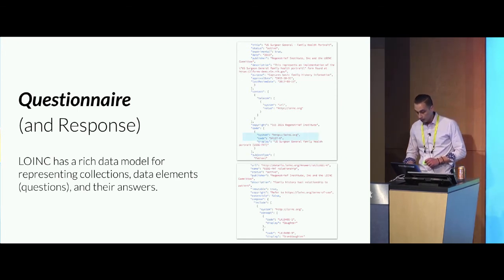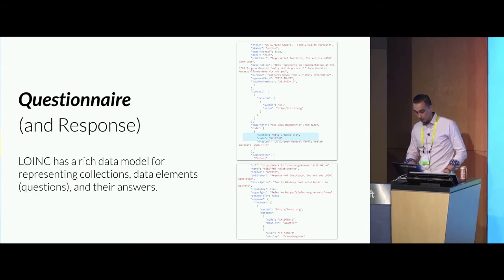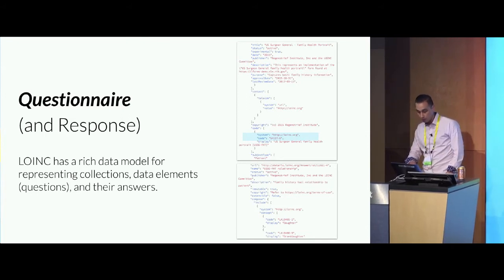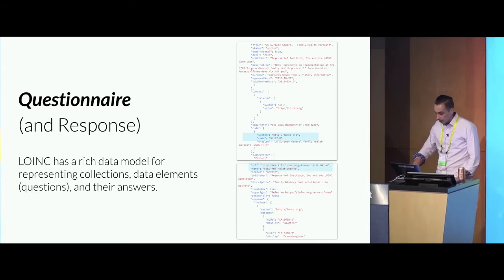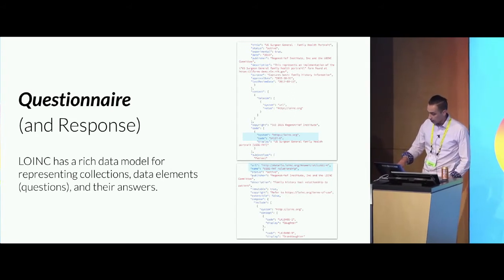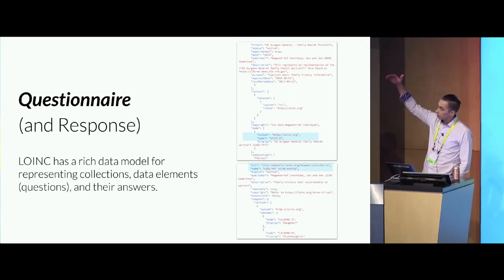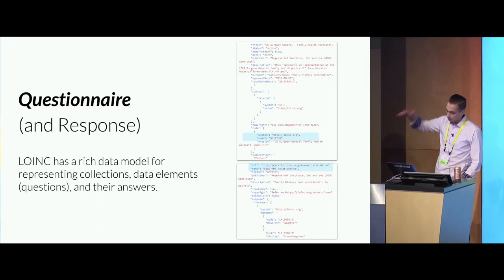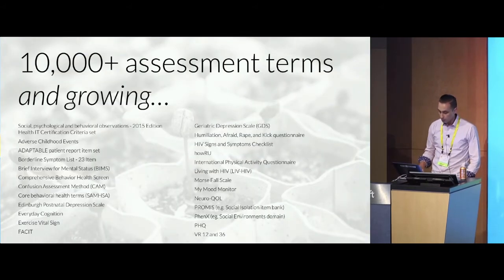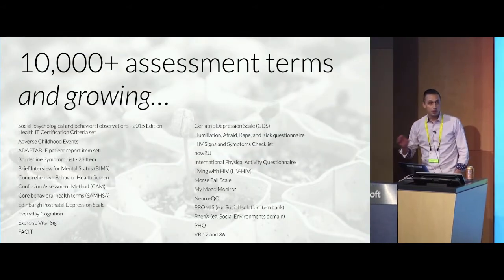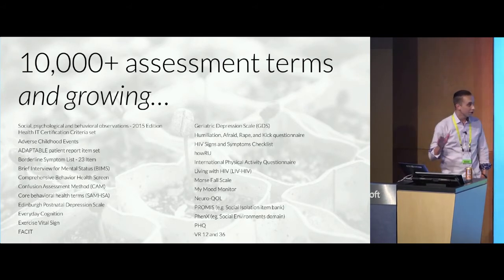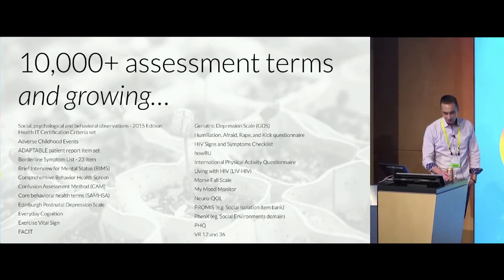And I've given a couple of examples here, one from, say, the U.S. Surgeon General Family Health Portrait instrument. And you can see the breakdown: there's a code for the top level that names the instrument. There's codes for individual items and answer choices as well. This has actually been a super hot area of development of LOINC over the last few years.